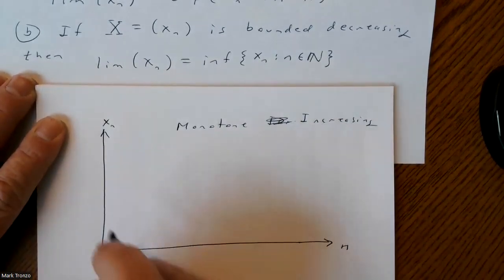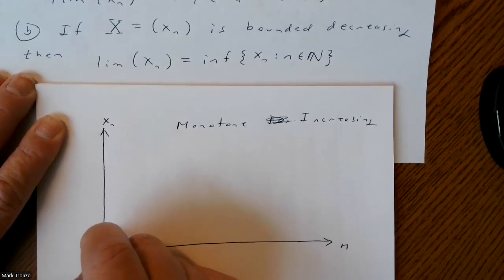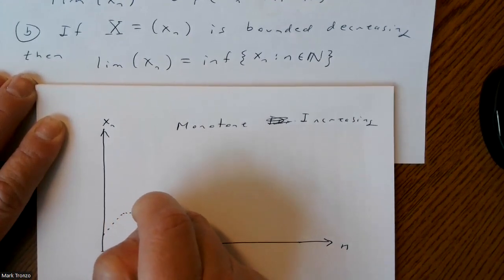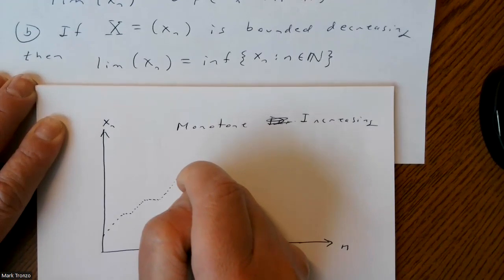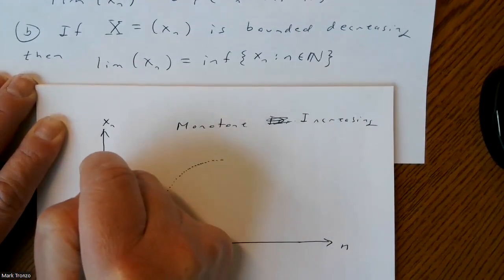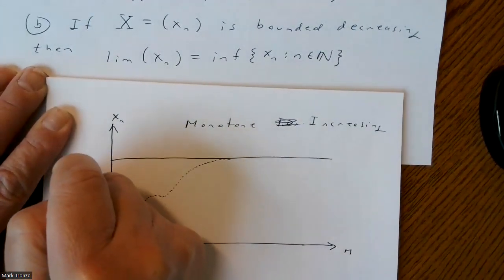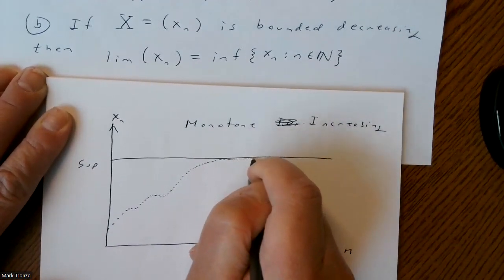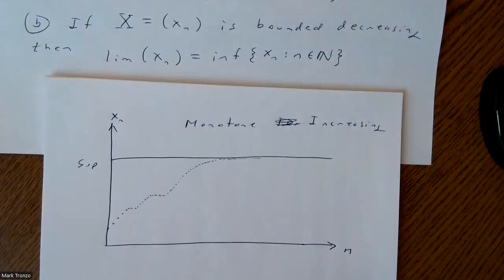It could be starting somewhere. There may be some times where it's steady, or it could be just increasing all the time. But if it's bounded, then let's say specifically the sup is here. Since it's increasing, and it's bounded, it has to converge because it has to end up converging to something.